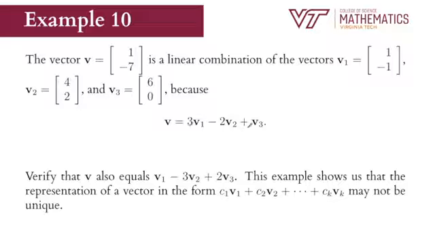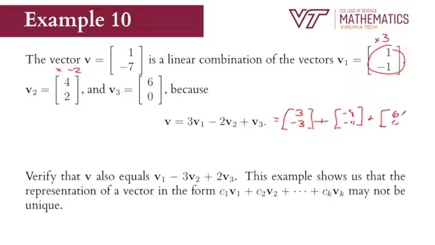Because if I use these weights, multiply the first vector by 3, multiply the second vector by negative 2, and multiply the third vector by 1, in other words, we leave that vector alone, then we end up getting 3, negative 3 for the first vector, negative 8 and negative 4 for the second vector. And since we're not multiplying this one by anything, it will still be 6, 0.